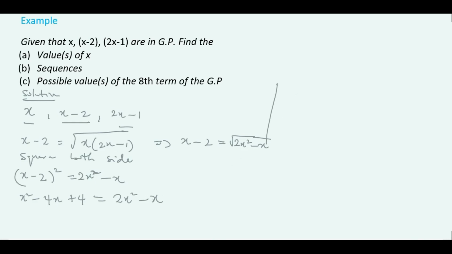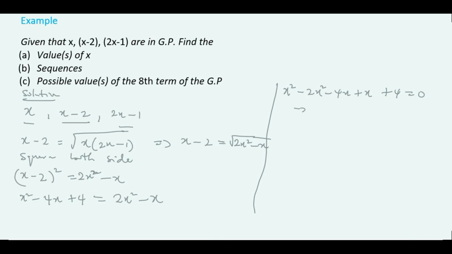Then we can continue like this. We collect the like terms. So you now have x squared minus 2x squared. You take this to the other side. You have minus 4x plus x plus 4 equals 0.